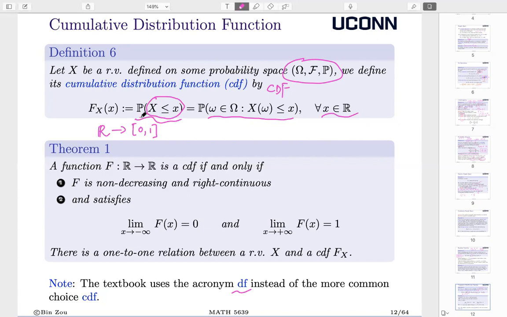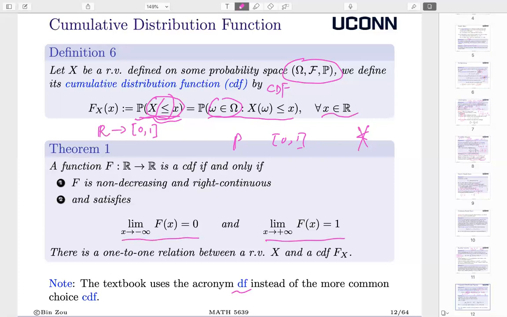Non-decreasing because probability is always between 0 and 1, so when x increases, the set will not decrease. That's why it's non-decreasing. And right continuous is because when we define probability, it's x less than or equal to. If it's less than, then it's left continuous. So here we take the right continuous part, and it has 2 conditions.